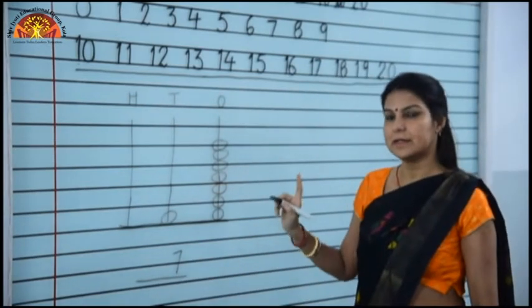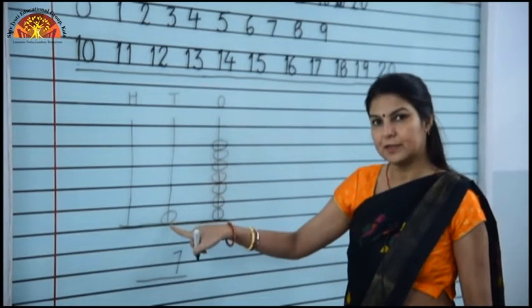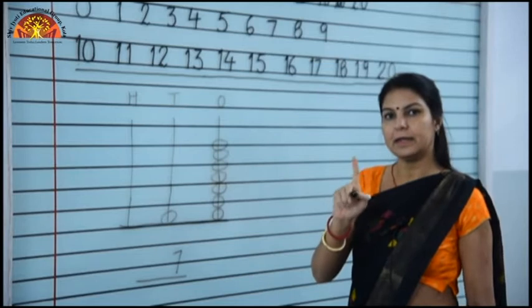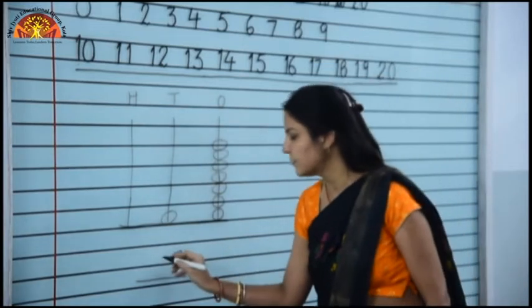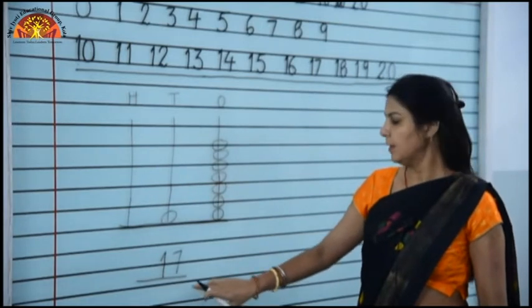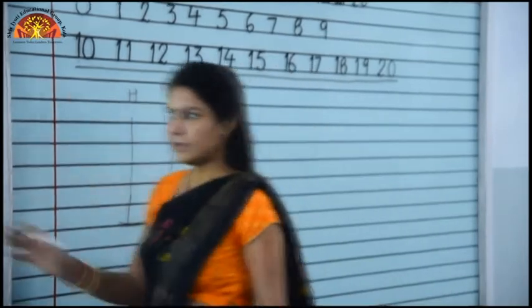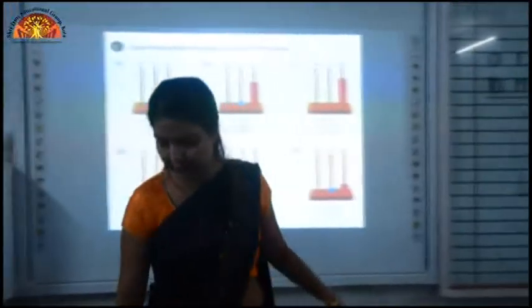So, we will write 7 at ones place. And how many beads are here at tens place? 1 bead is here at tens place. So, we will write 1 at tens place. Which number is here? The number will become 17. Rest of the sums you can do yourself.